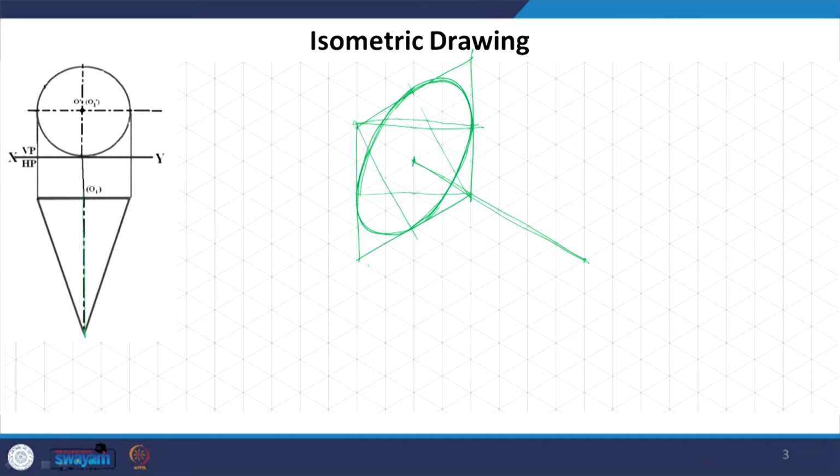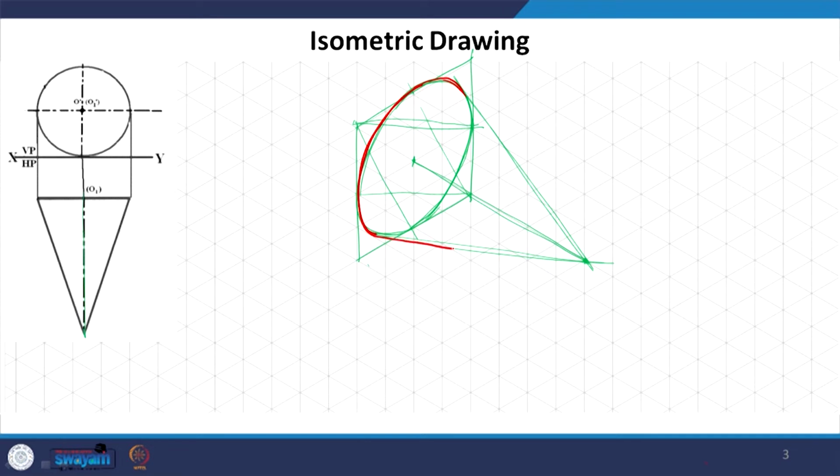So, we can actually take the height of this cone, whatever that height is, I am just assuming, and we arrive at the apex, and then we will just join this curve with this. This is your final isometric projection for this cone, which is kept perpendicular to VP and parallel to HP.